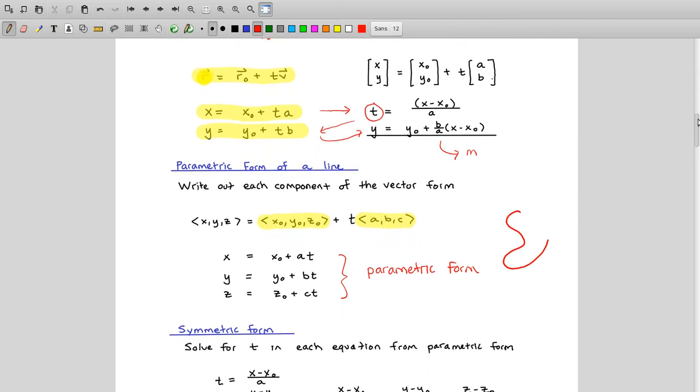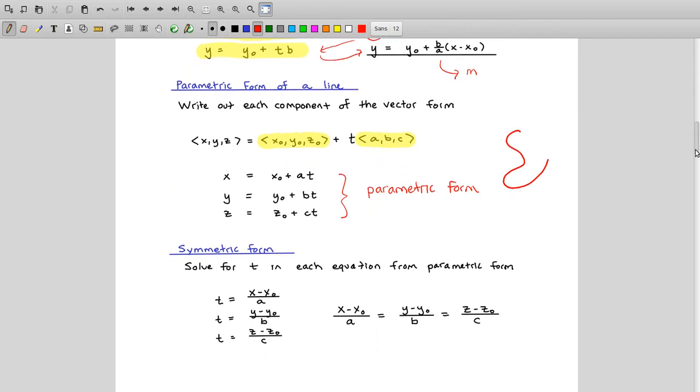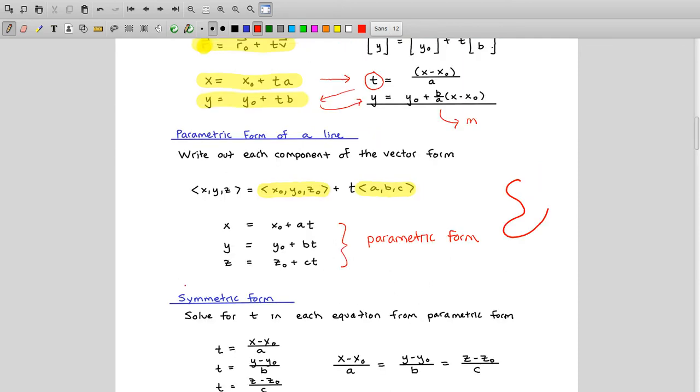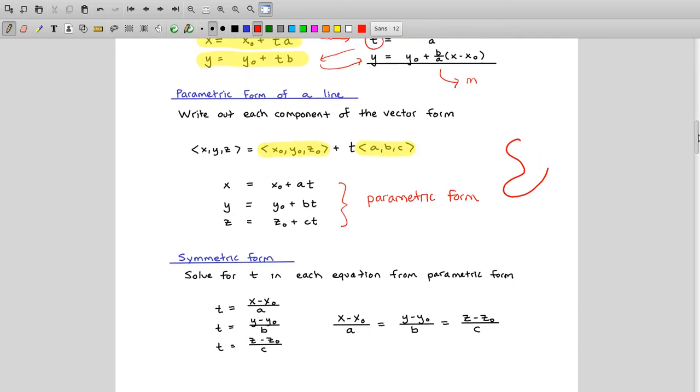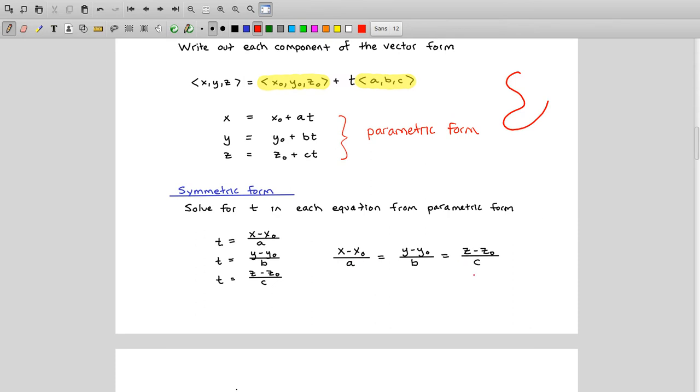And there's one other form of a line, which in my opinion is kind of silly. It eliminates the parameter t and gives you indeed 2 equations between 3 unknowns. If you take parametric form and you solve for t, you find that t is x minus x naught over a, t is also y minus y naught over b, and t is also z minus z naught over c. And so those 3 things are equal to each other.